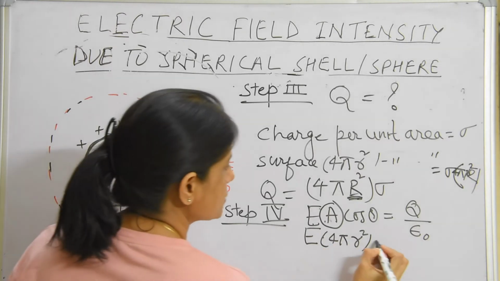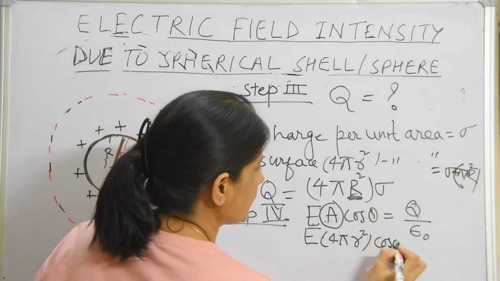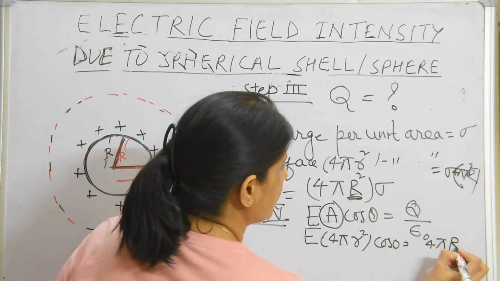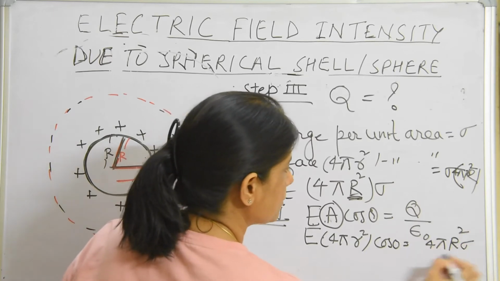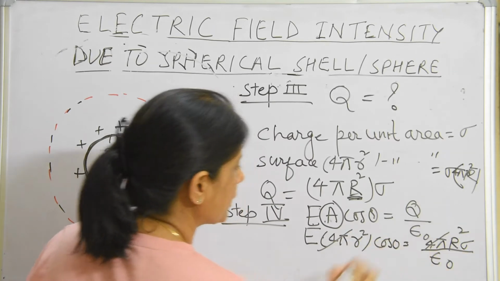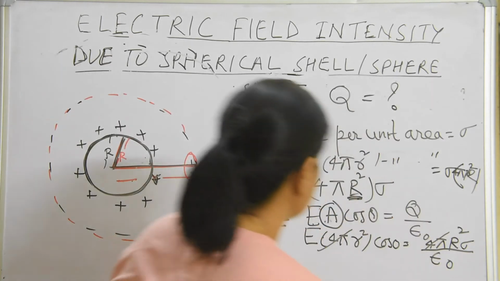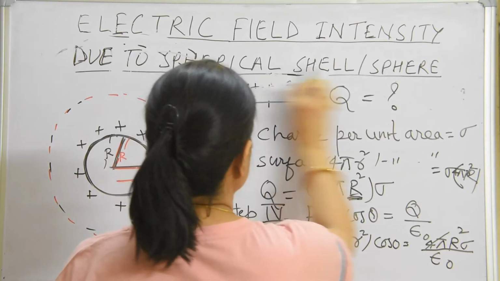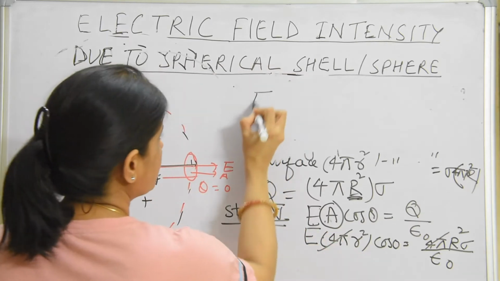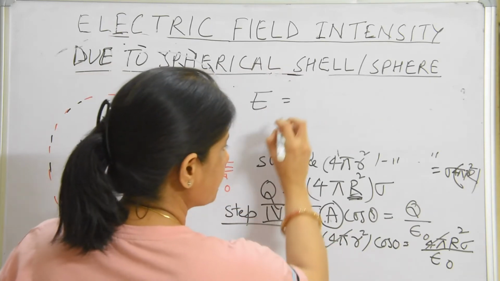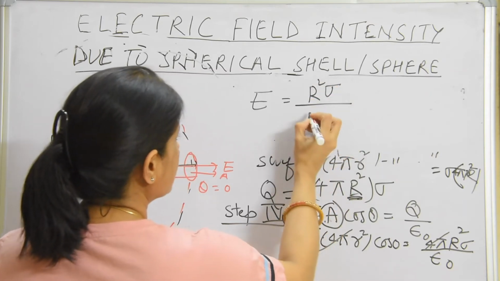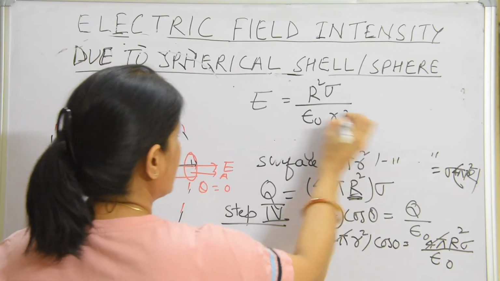This is 4 pi r square into cos 0, that is 1, and the value of Q is 4 pi capital R square into sigma divided by epsilon naught. 4 pi cancels, and the value of E is R square sigma upon epsilon naught small r square.